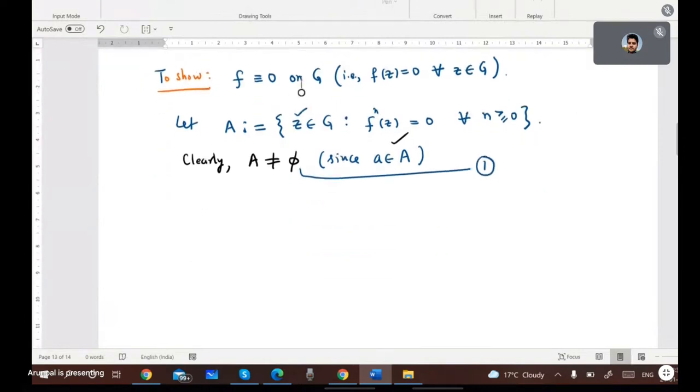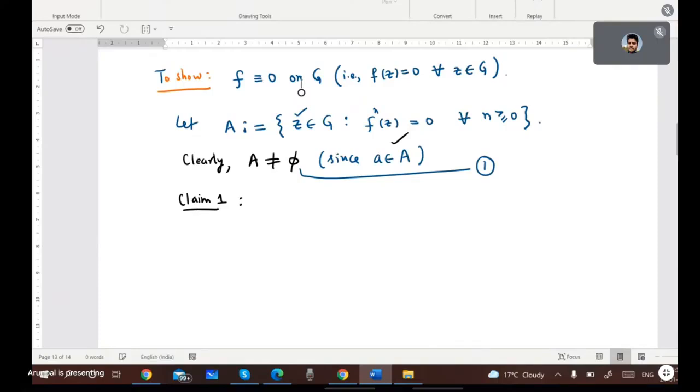Now class, let me first of all tell you the approach of our claim. I'm going to show that f is identically equal to 0. So let me tell you the approach at how we are going to show this. Actually I will be making one claim.